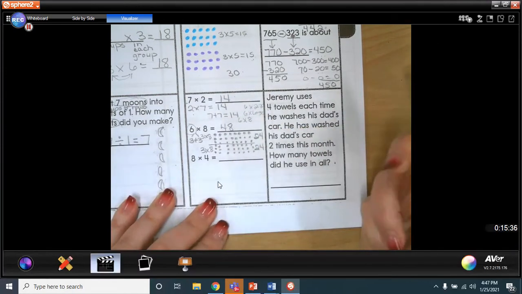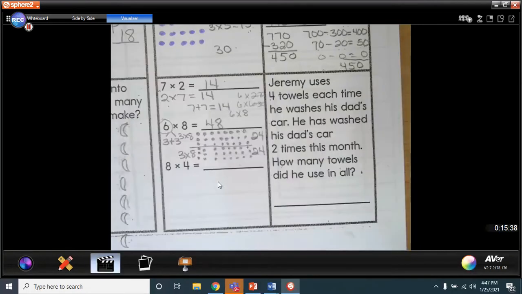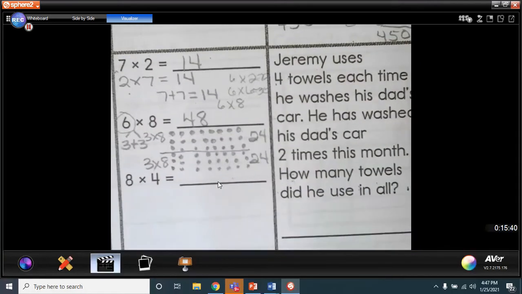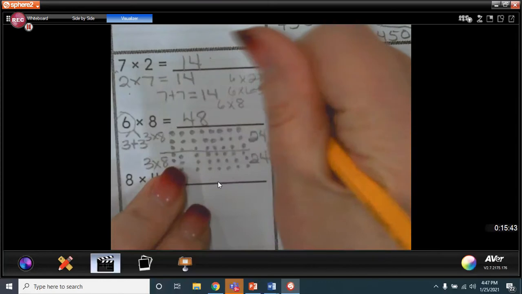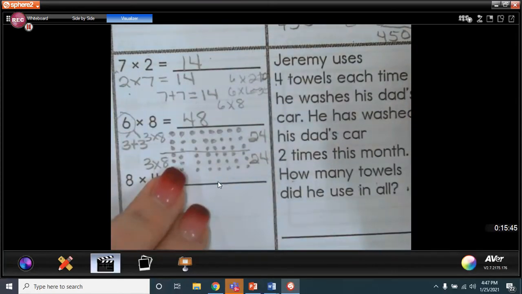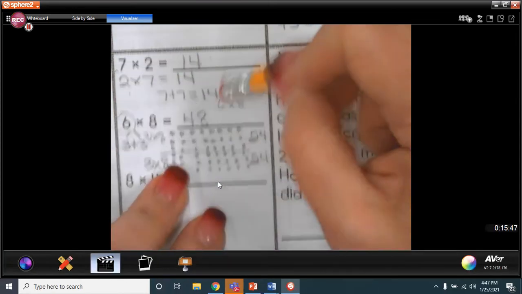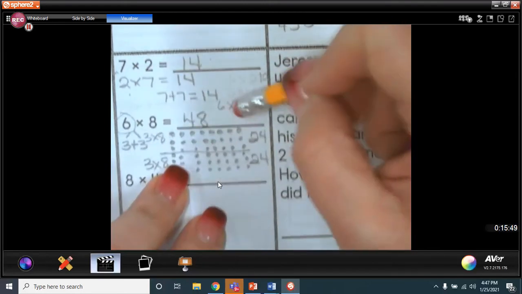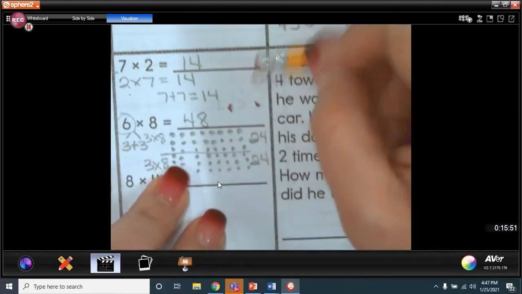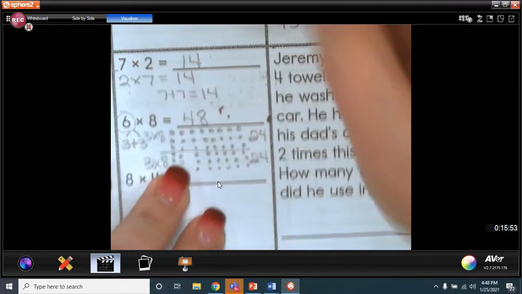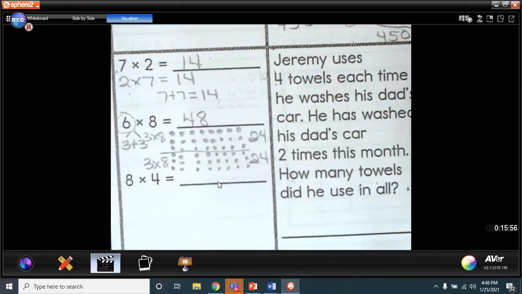And when I add 36 plus 12, I would still get 48. So there's lots of different ways that you could think about this. It's just how you decide that you can think about it.